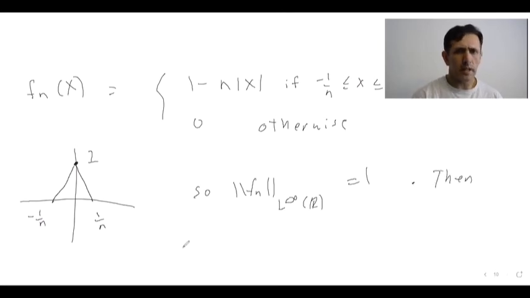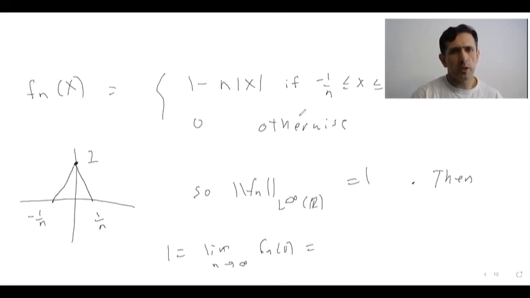Plug in 0, and you get 1, no matter what n is. It's continuous, since you're piecing together continuous functions that coincide at the endpoints 1 over n and minus 1 over n. So each fn is continuous, and in particular in big M.